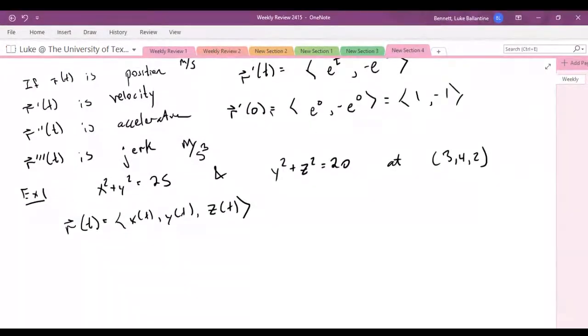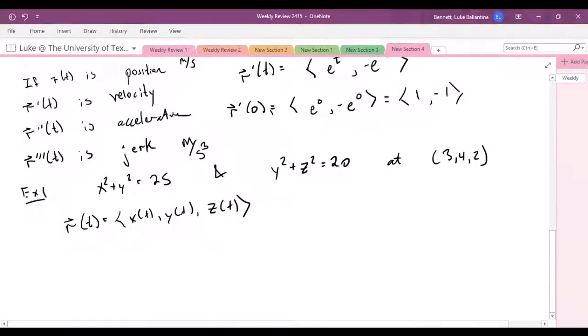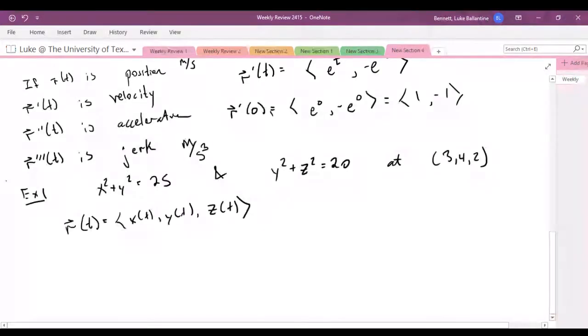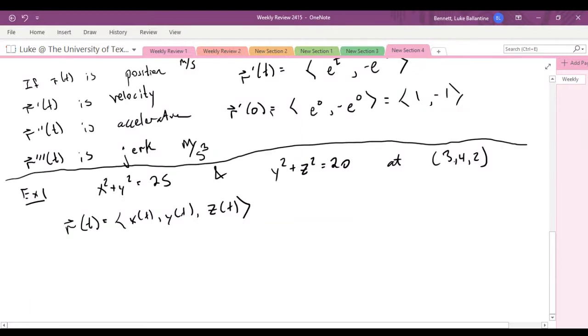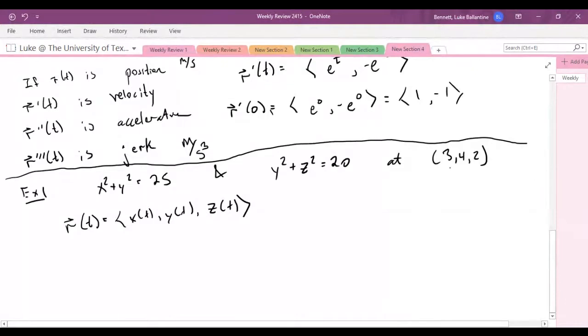So does anybody know where we would start with this? Any ideas? Yep, that's it. I usually pick x because that's usually the independent variable.